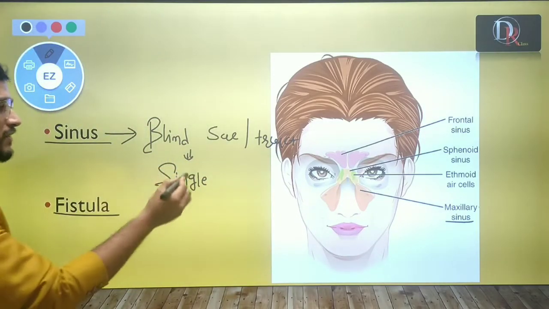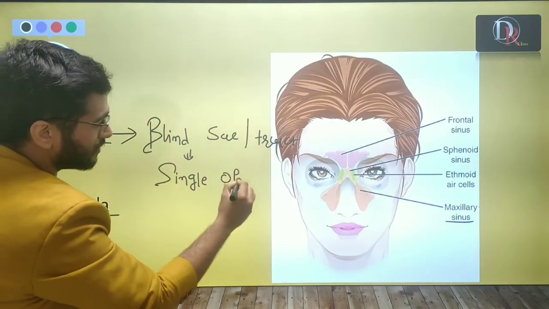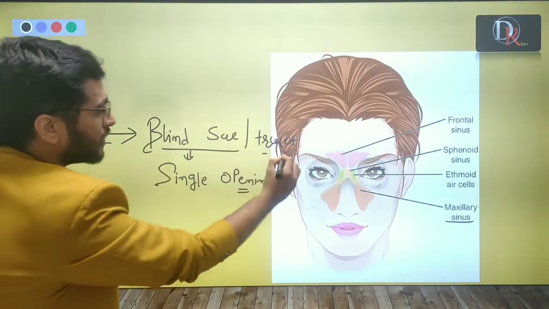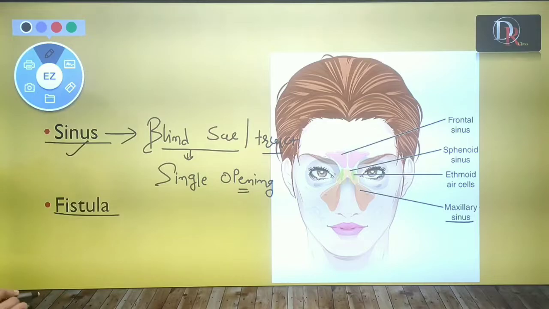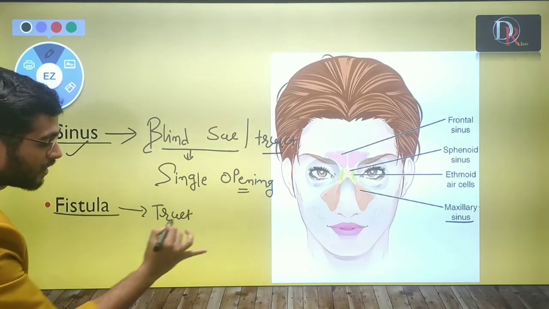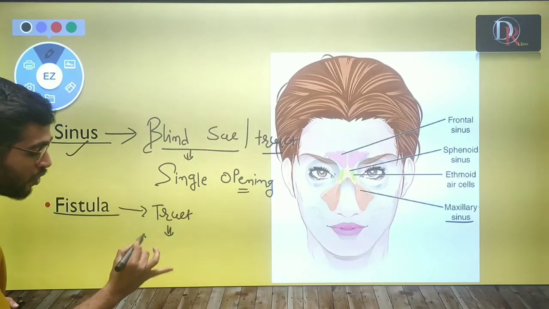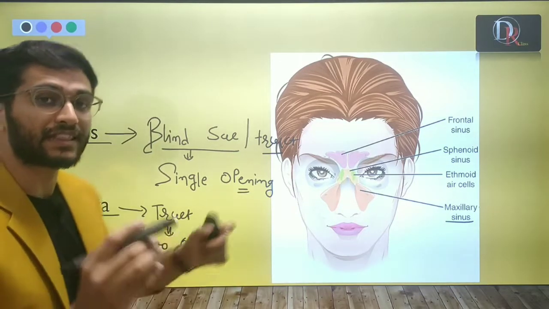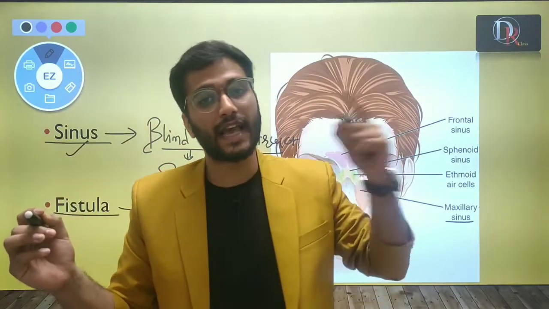Basically, the sinus has only a single opening. This is the character: a single-opening blind tract is known as a sinus. A sac or tract with two openings has an entry point as well as an exit point.